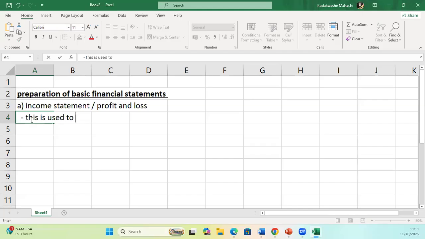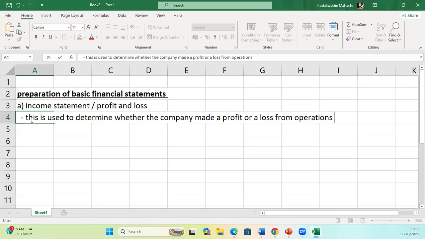The income statement or the profit and loss is used to determine whether the company made a profit or a loss from operations.